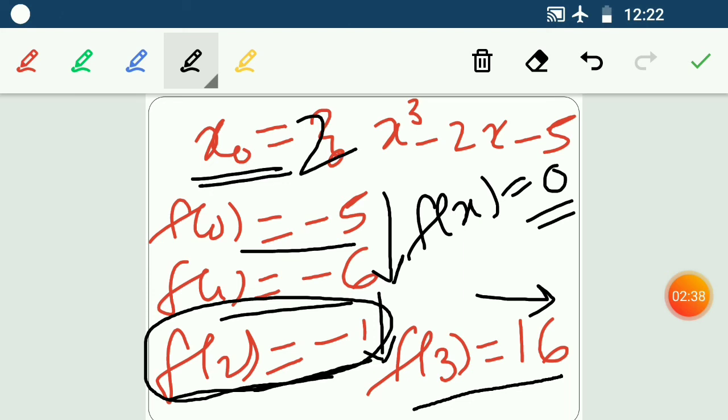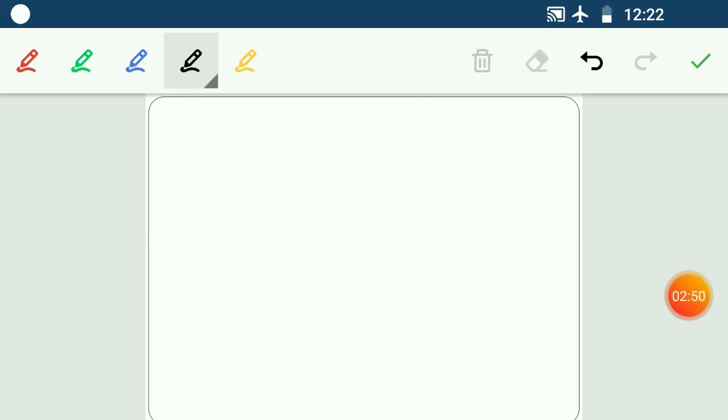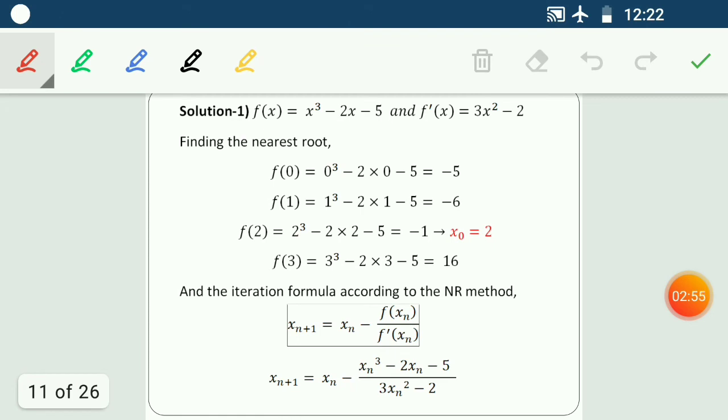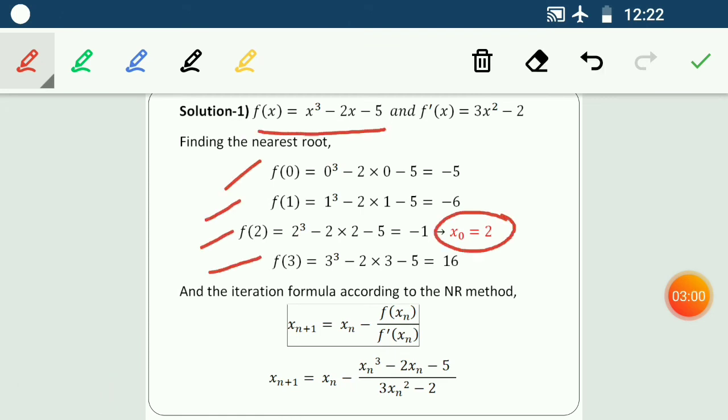This calculation, the finding of x naught, is very important for this method. So we have to take good care during the calculation. What is the further solution? I have represented it here. So we have this equation. I did a random check and found the value 2 for x naught because of this minus 1 value.